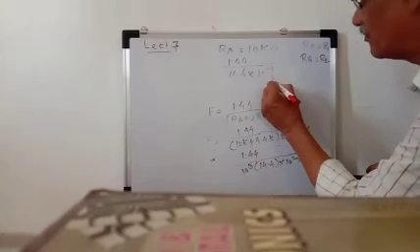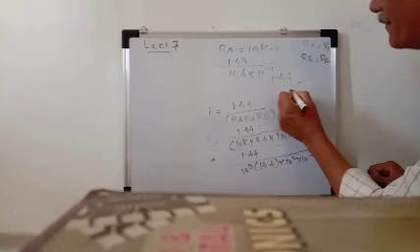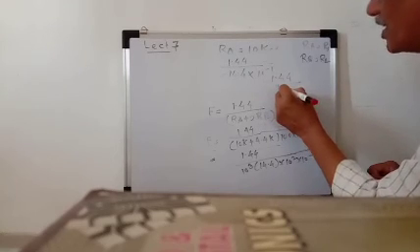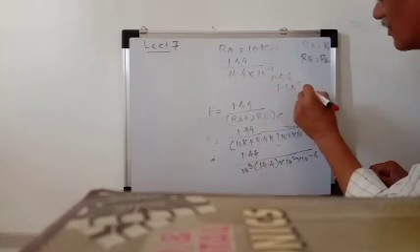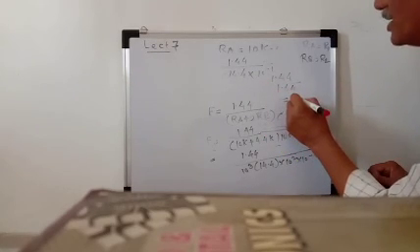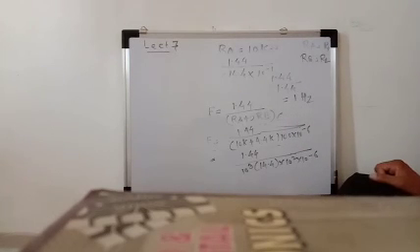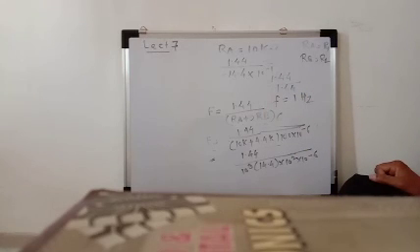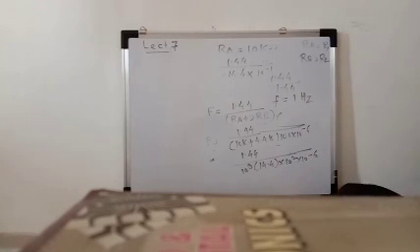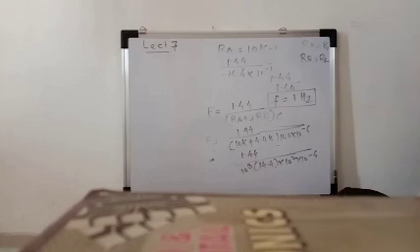So 1.44 divided by 1.44 is 1 hertz. F is equal to 1 hertz. This is the frequency.